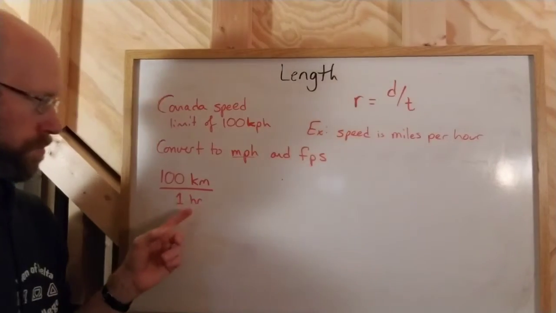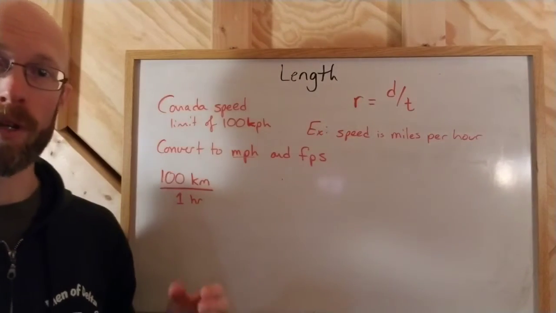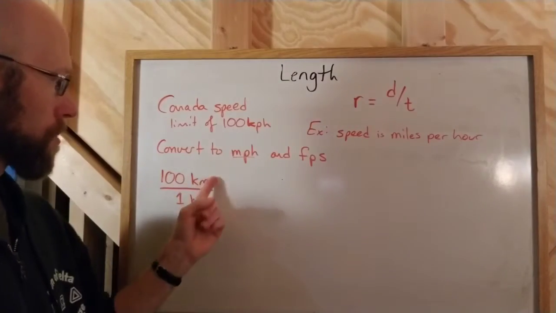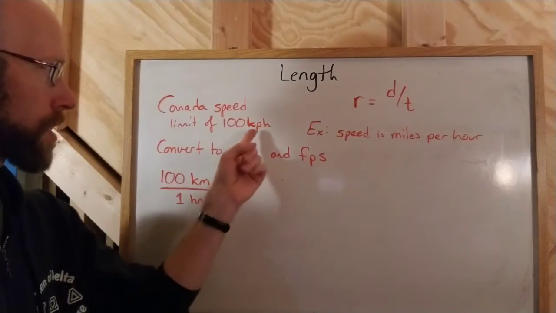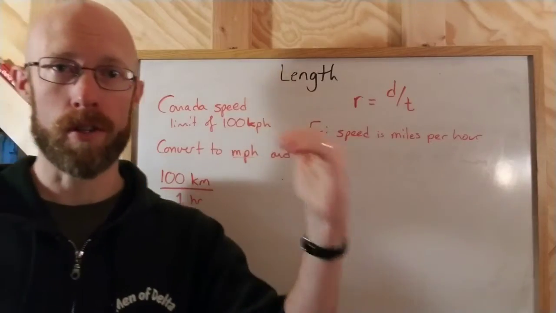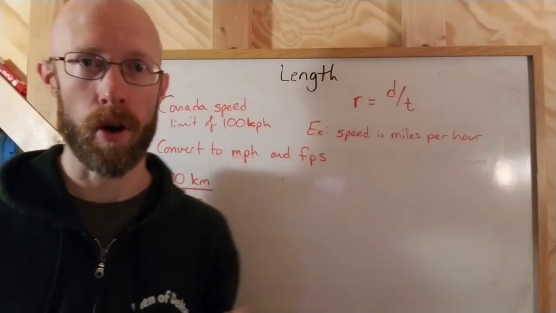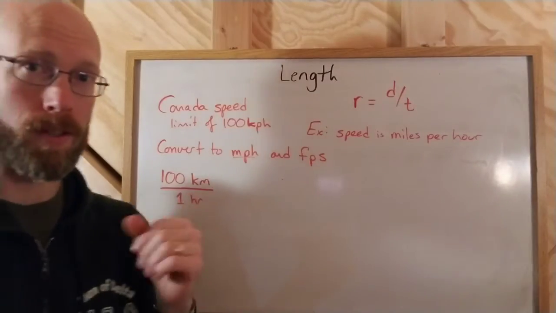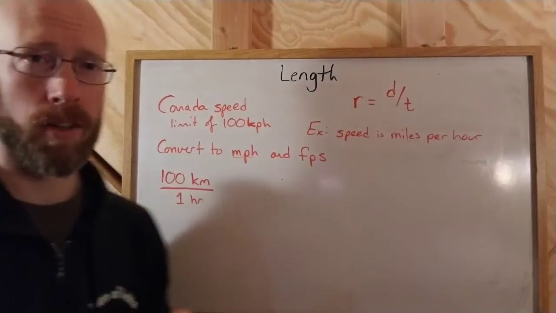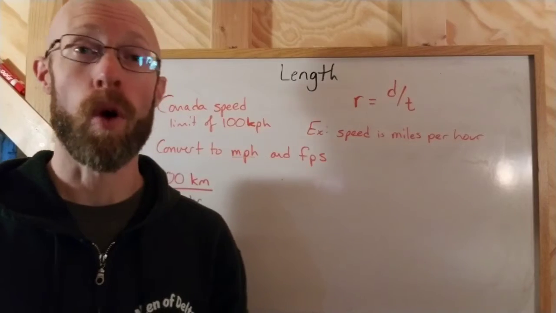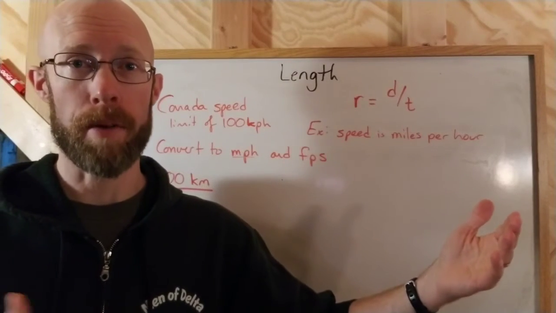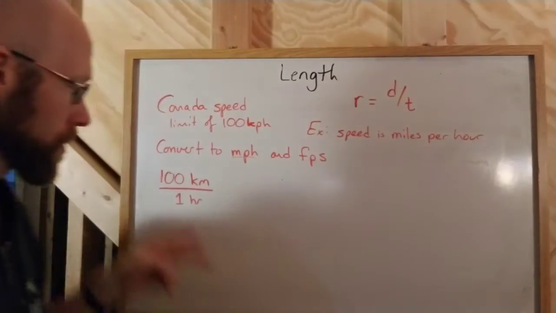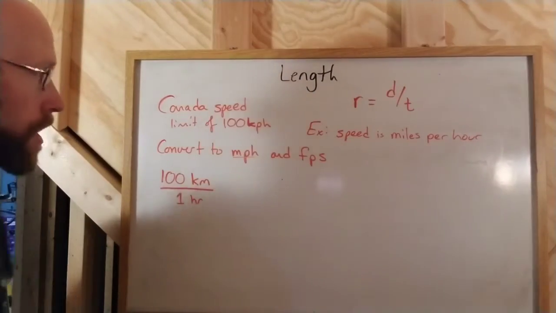When you're looking at rates, you include both units in the fraction: kilometers on top, hours on the bottom, because kph is kilometers divided by hours. And it's per 1 hour. So that means at a speed of 100 kilometers per hour, in 1 hour you would drive 100 kilometers. So it's 100 kilometers in 1 hour. That's how we set up our fraction.